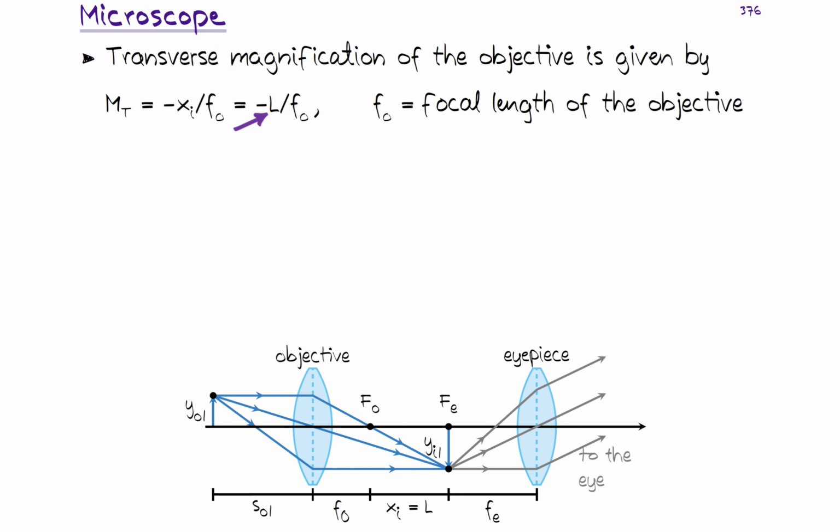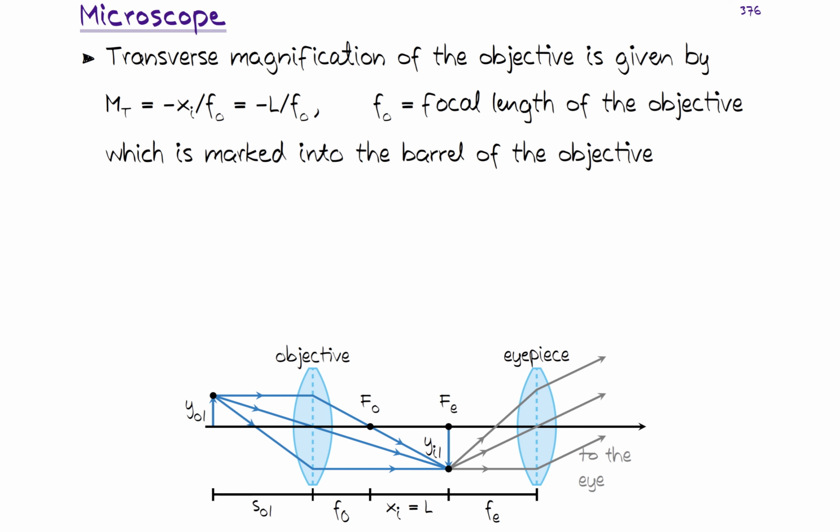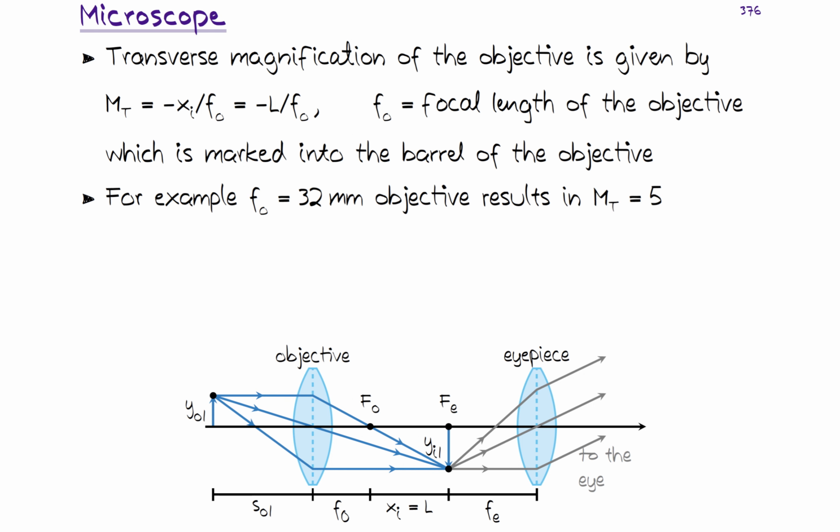And this transverse magnification is always marked on your objective lens. This is what tells you the magnification. Could be, for example, 5x, could be 20x, 40x, and so forth. And if you have, for example, an objective lens with a focal length of 32 millimeters, then the transverse magnification would be 5. And this is how things have been designed.